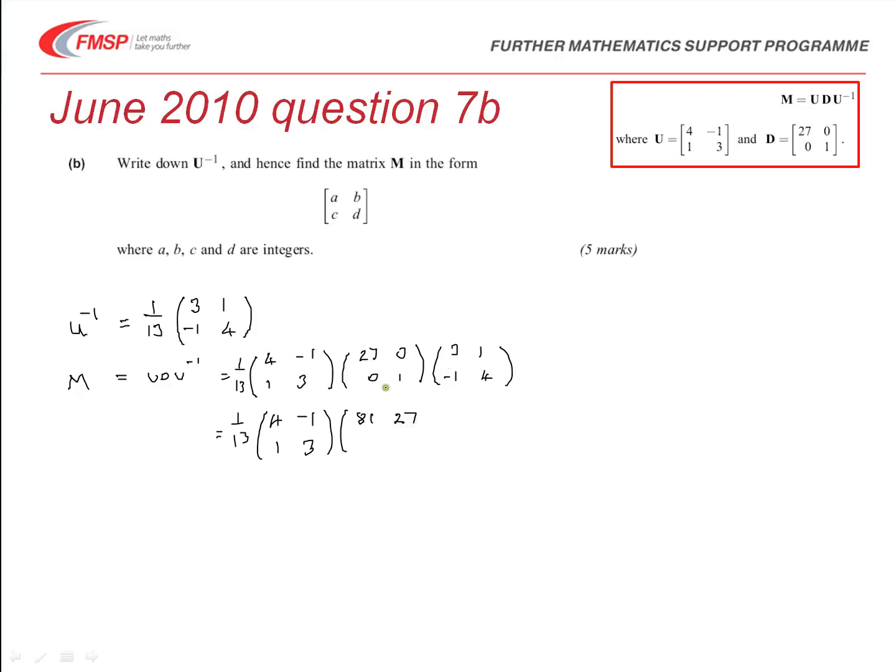And then we get 3 times 0, negative 1 times 1, so that's negative 1. And then 1 times 0, 1 times 4, so that gives us 4. So then we've got a 13th of, it's 4 times 81 minus 1 times minus 1, so 4 8s are 32, 324, 325.